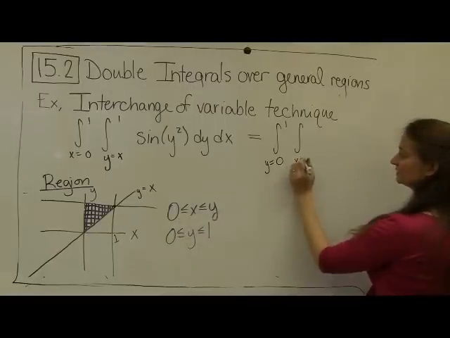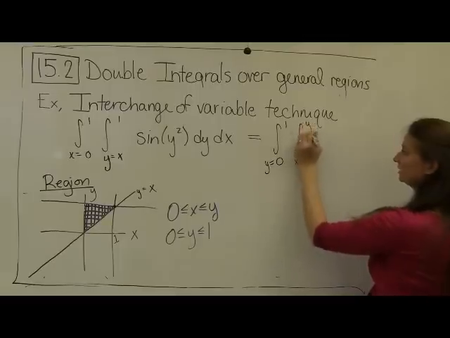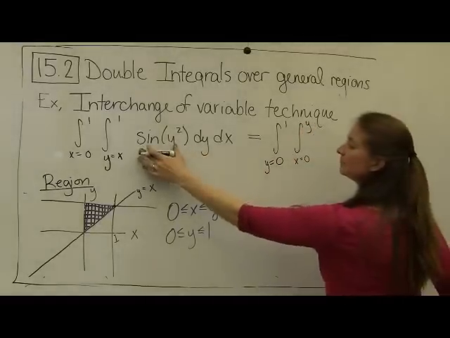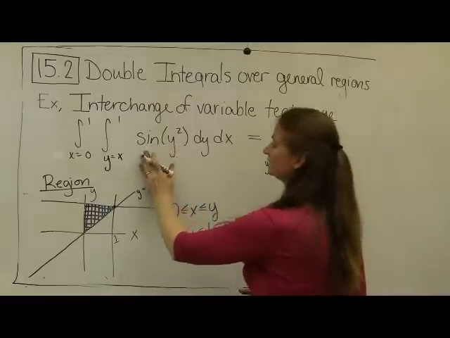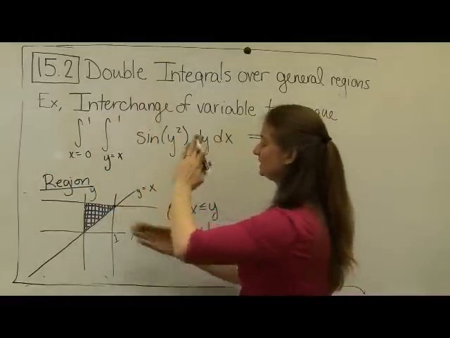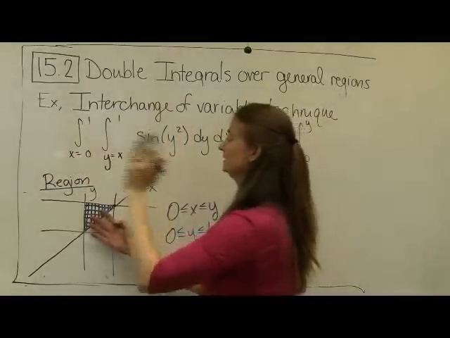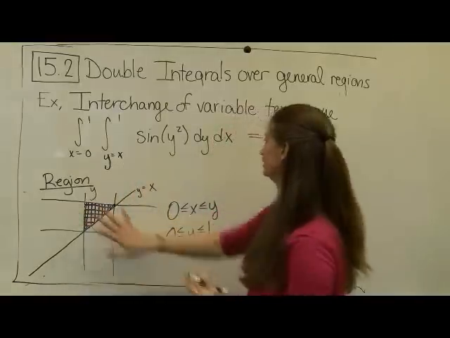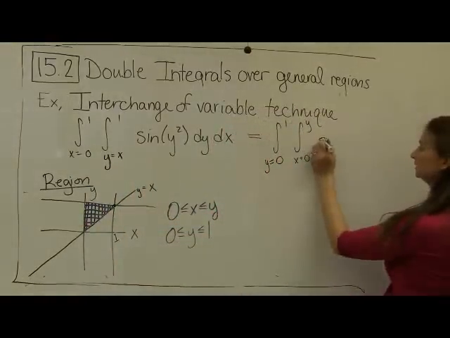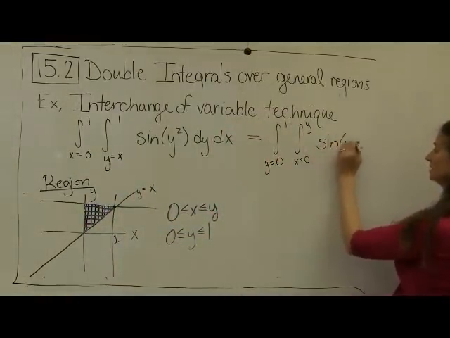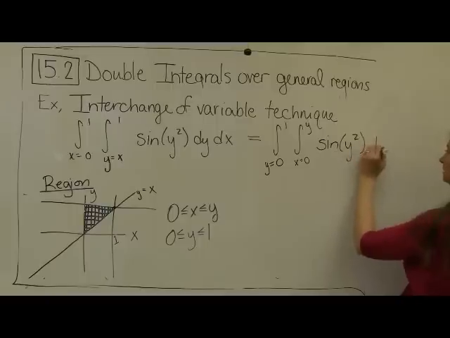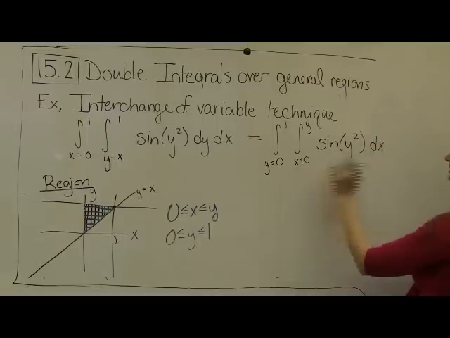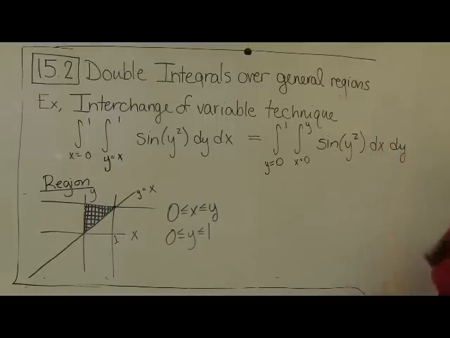So x is going to go from 0 to y. The function stays the same. The function is just whatever's going up in the z plane, and it doesn't really matter what's going on, so nothing changes here. Sine of y squared dx, because x is now on the inside, dy.